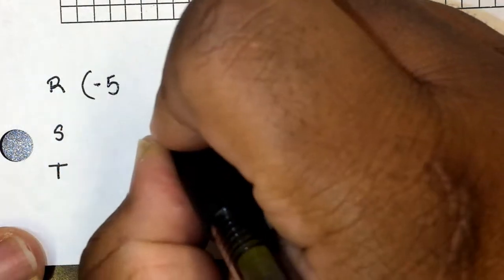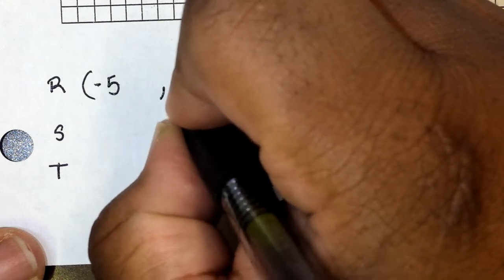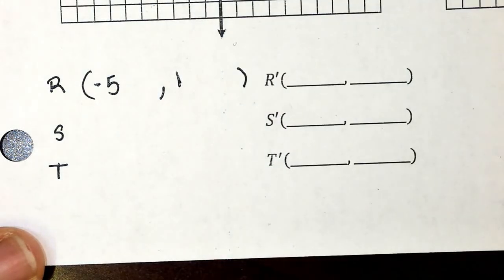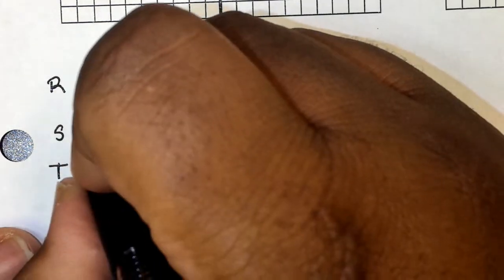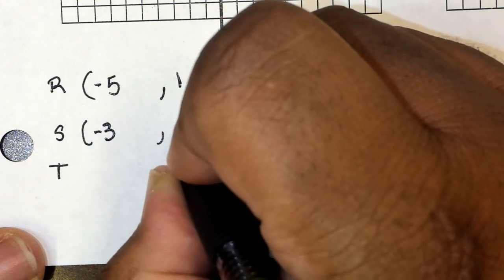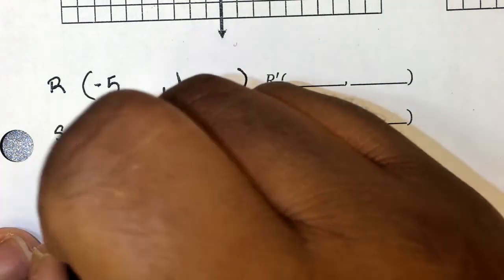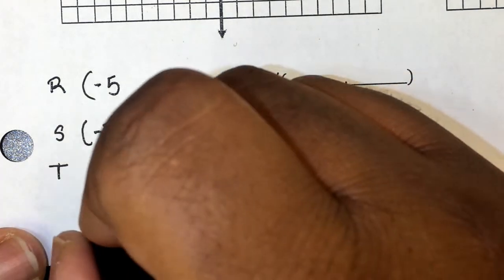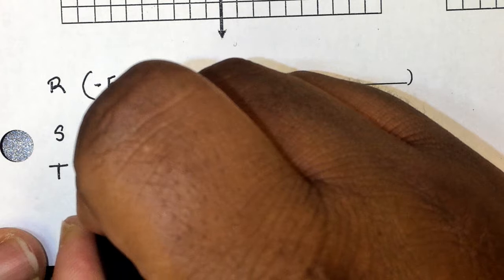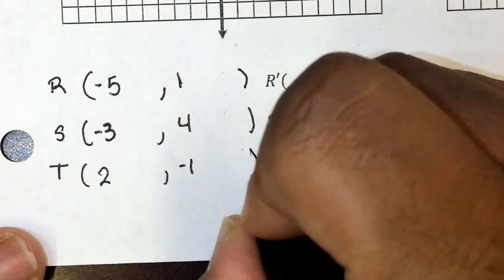I'm going to say -5 for R. I'm going to leave a big space in between, and then I'm going to write 1 on the end. So I'm doing some math on this. Leave some space. S was at -3. Leave a space, comma, 4, and then T was at 2, -1. Leave some space.